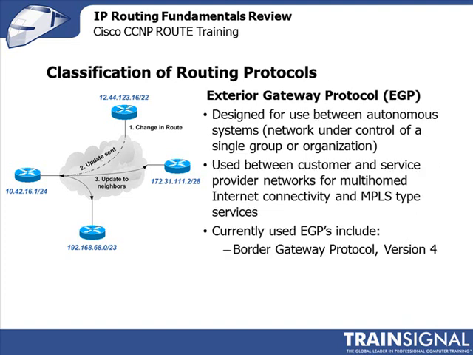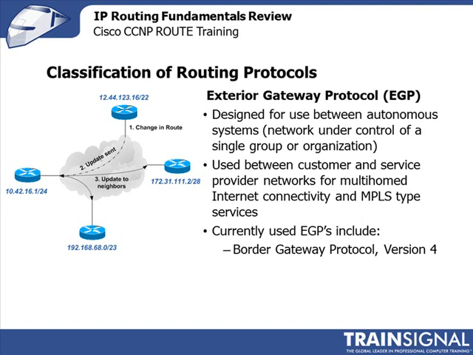Then, in addition to IGPs, you have EGPs, Exterior Gateway Protocols. And these are designed for use between autonomous systems, not within an autonomous system, but between. So you have Autonomous System 1 and Autonomous System 2. They may have their own IGPs. One may be running EIGRP, the other running OSPF. It doesn't matter. And then an EGP is what's used to go between them.